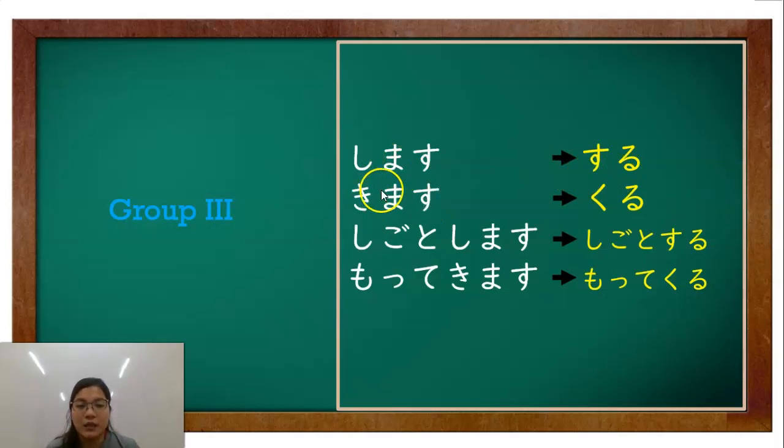Kimasu, you omit masu, you change ki to ku. That makes kimasu become kuru. Okay? And shigoto shimasu makes shigoto suru. Motte kimasu becomes motte kuru. Okay? So ganyan lang po ang pag-change natin ng group 1 to 3 into dictionary form.